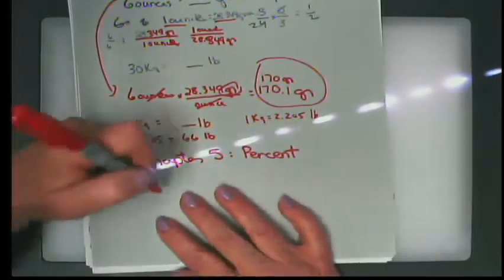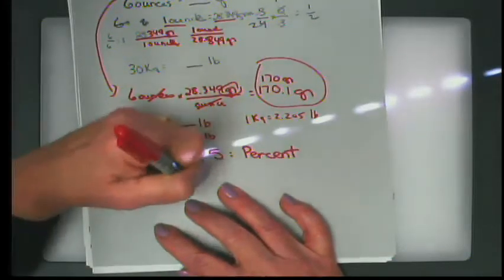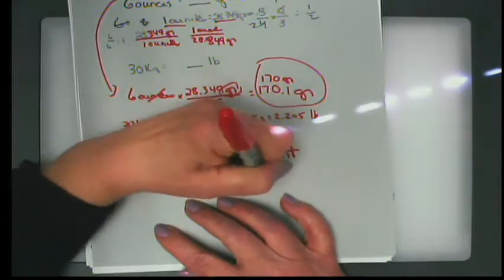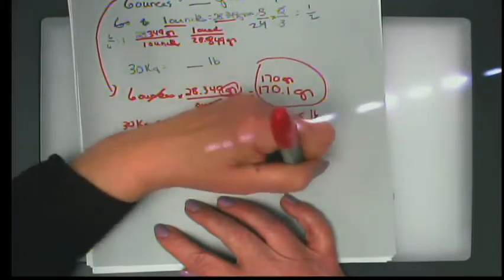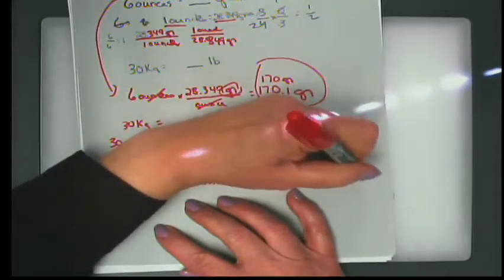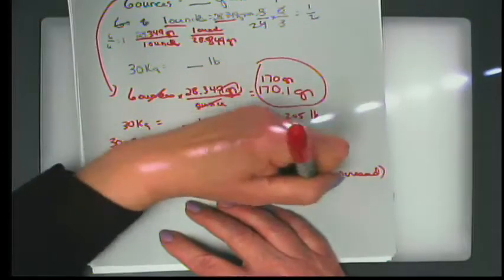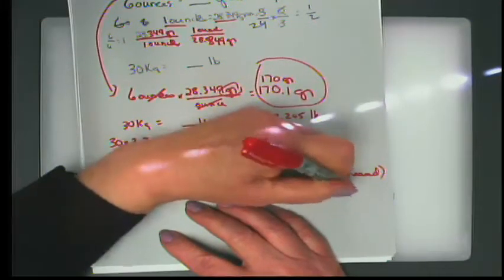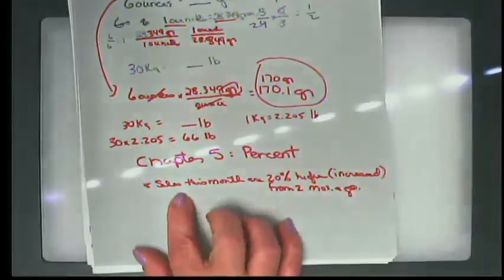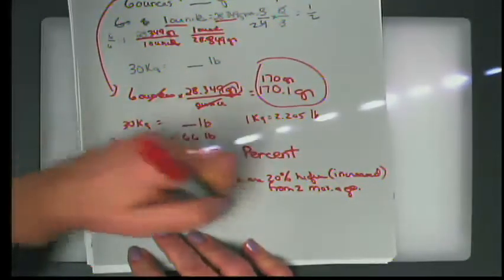Okay, so what that really says is sales this month are 20% higher, or increased, from 2 months ago. That makes sense so far? Okay, so that means that, first of all, if you think about it, it's going to be a bigger number.